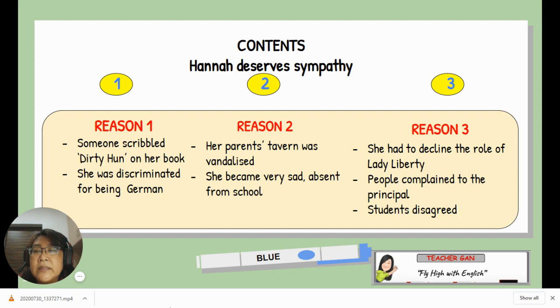Reason 1, someone scribbled Dirty Hand on her book and she was discriminated against for being a German. Reason 2, her parents' tavern was vandalized. She became very sad and she was absent from school on the day of the incident. And reason 3, she had to decline the role of Lady Liberty because people complained to the principal and the students also disagreed.